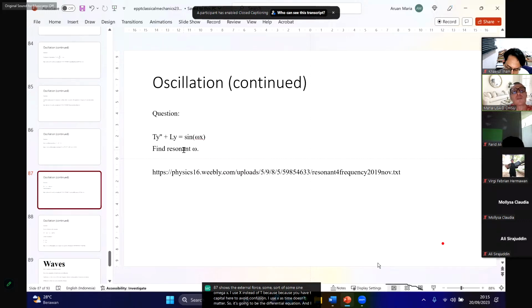And I want you to find the resonant frequency when the resonance occurs. Obviously, if we divide everything by T capital, it will be y double prime plus L over T y, so square root of L over T will be the natural frequency, equal to 1 over T times sine omega x. So you will find the natural frequency using this code, okay?